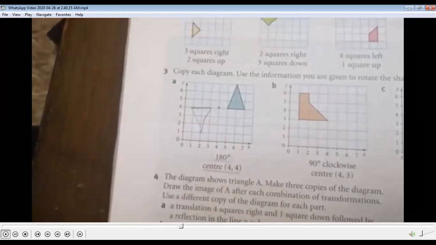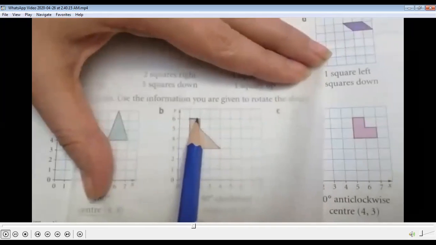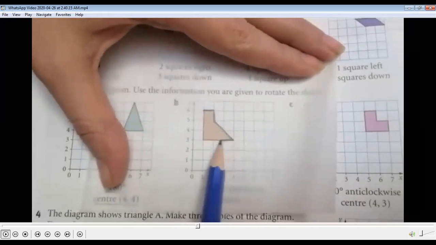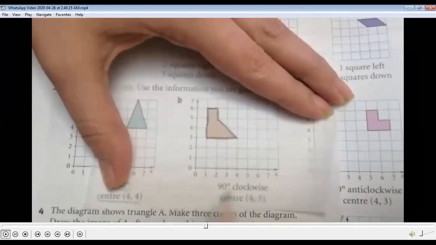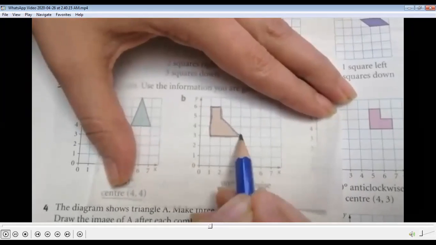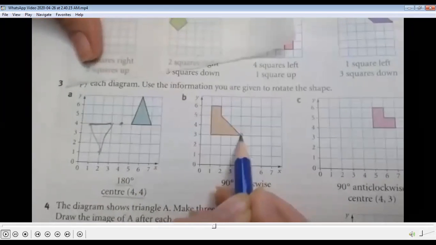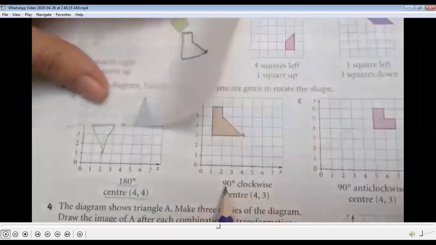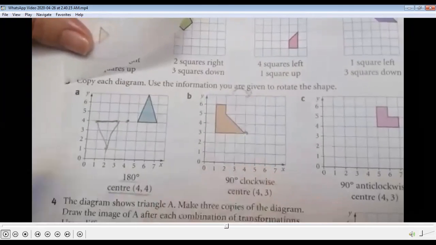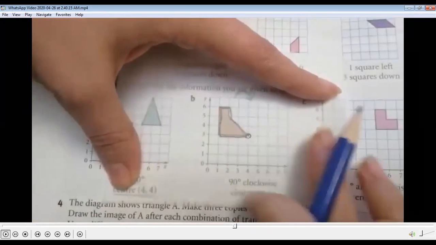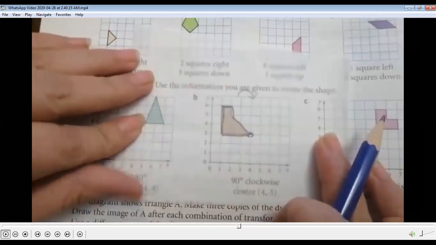Now if you look at part B, you have this shape. You draw it on the tracing paper, and you need to see the center. It's 4, 3 on the book and on the tracing paper. It says 90 degrees clockwise. Clockwise means with the clock. This is the way we are going to turn the paper. 90 degrees means you turn the paper once, only one time.